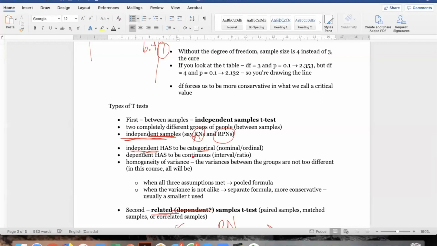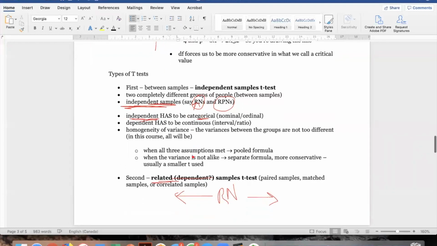Whether we want to call that nominal or ordinal, it's definitely categorical. And then the dependent has to be continuous. So we're measuring collegiality scores on a scale of 1 to 10. That's an interval or a ratio depending on how it's worded. And so it meets those two criteria.